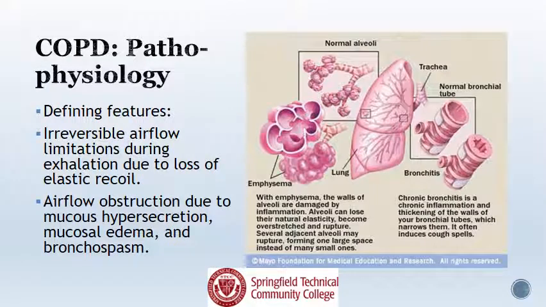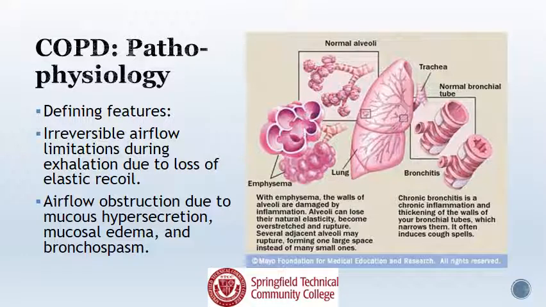So what happens with COPD? You have airflow limitations during exhalation due to the loss of the elasticity of the lungs. So you take in deep breaths and you have difficulty exhaling. There's airflow obstruction that occurs because of mucus hypersecretion, mucosal edema, and bronchospasms.